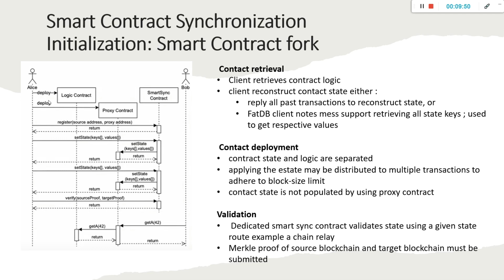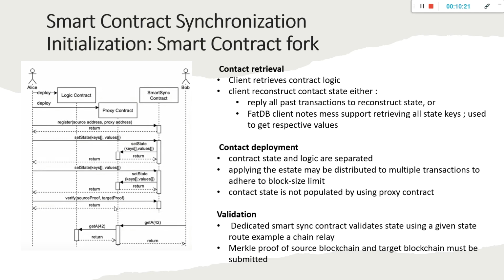So the first step of deployment is the logic contract, and then the proxy contract will be deployed, and this proxy contract will register itself, and it will set a pair of key values to set the states as many times as needed, and then there will be a verify function to match the source and the target blocks.